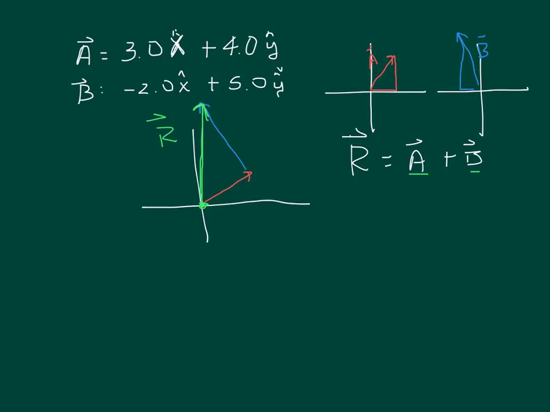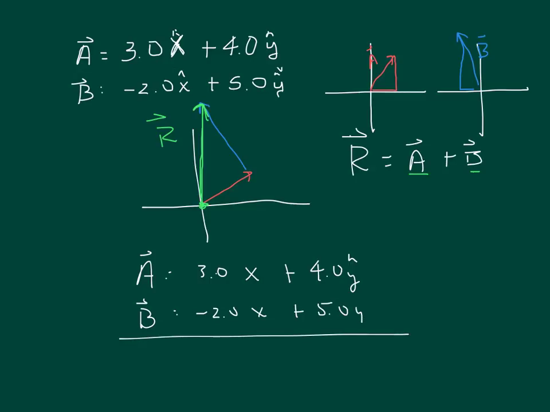How do we get it mathematically? We take the two vectors and add them together. So let's write them again. We have A equal 3x plus 4y. We have B equal minus 2x plus 5y, and we add them together.